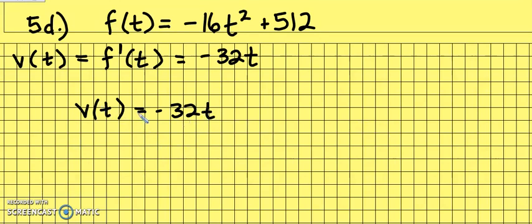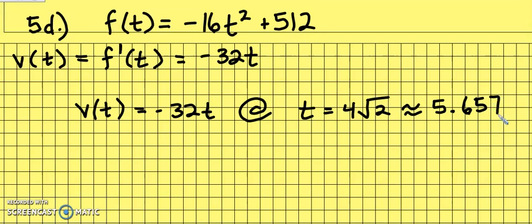So if this represents velocity and we want to know at what velocity the sandbag hits the ground, we know that the sandbag hits the ground at a certain time. We already calculated that, and that was 4 radical 2, which was approximately 5.657.